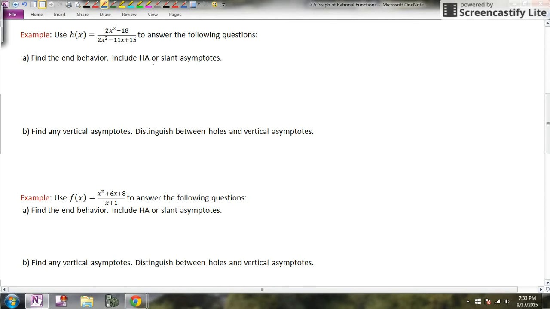The first thing you're going to want to do is factor this all down. I'm noticing I can pull a 2 out of the top, and I'd be left with x squared minus 9. And oh my gosh, that factors to (x plus 3)(x minus 3). That's nice, the top is factored. What about the bottom? Can't pull a 2 out, darn it.